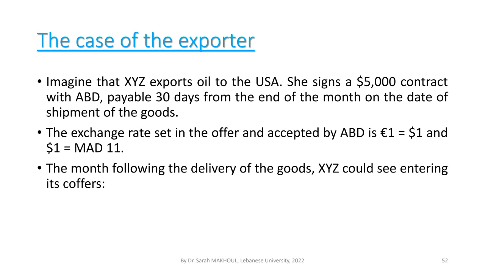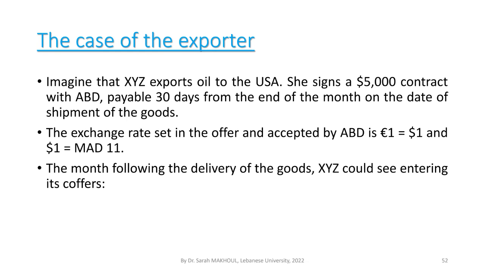second row. So in case of exportation, let's imagine that XYZ exported sunflower oil to the USA. She prepares the oil, and this Moroccan company is exporting it to the US.